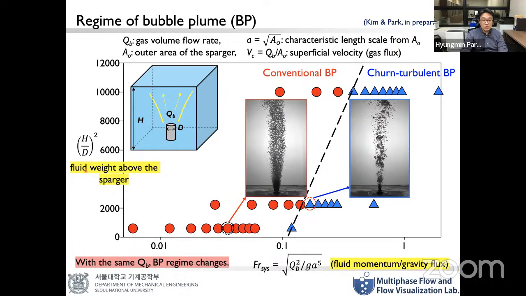That means the fluid weight above the spuddle. So depending on their ratio, we found out that even if we introduce the same amount of gas from the spuddle, it is possible to have two different types of bubble plume. So we wanted to find out which one is more efficient in mixing two different fluids.